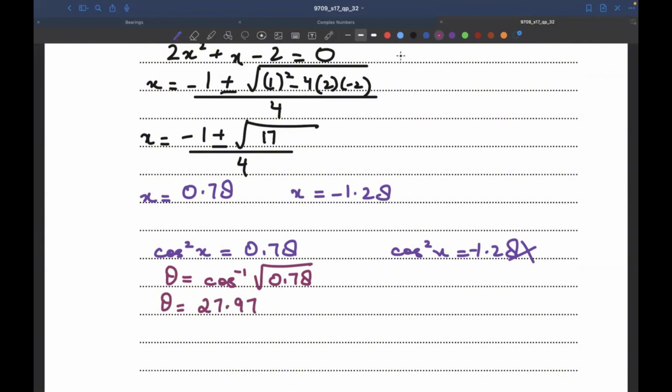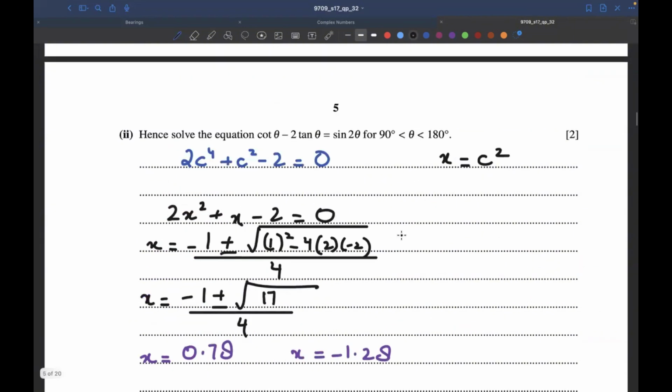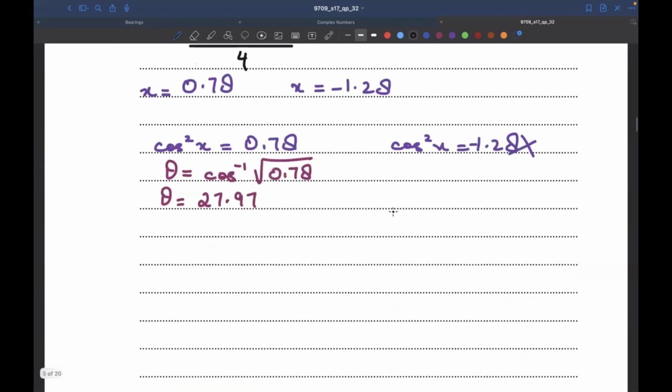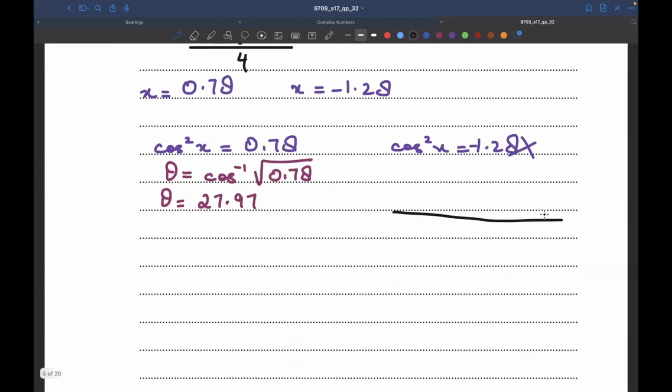And as we only have to take values between 90 and 180, let's first make this in the quadrant. So this will be A, C, T, and S. Now the square root shows that we can have the values of cos in all the quadrants, positive and negative ones. But as the domain is only between 90 to 180, we'll just make the basic angle over here.